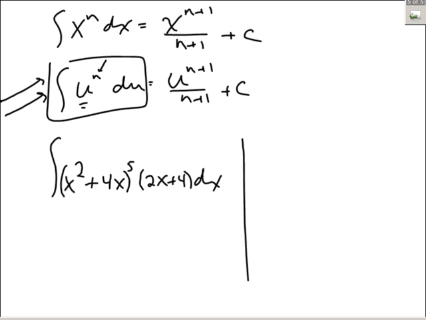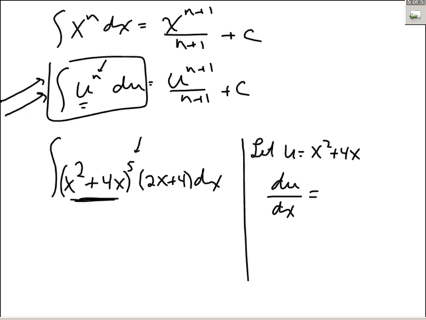Usually, you let u be what's being raised to a power. Here's the power, so that's u. If we let u equal x squared plus 4x, then what will du equal? Well, for right now, you're probably more comfortable answering du dx. Du dx is 2x plus 4.